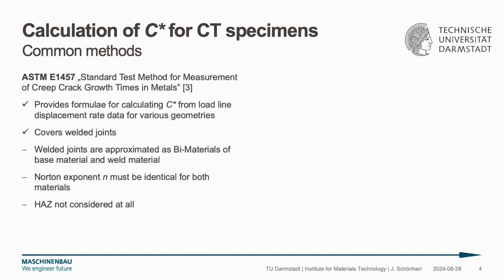As you have seen, we don't only have a base and weld material, we have another buttering layer and three heat-affected zones that are in themselves not homogeneous and therefore considered as three subzones, all not covered by the formula given in the ASTM standard. Additionally, the Norton exponent must be identical for the whole specimen.